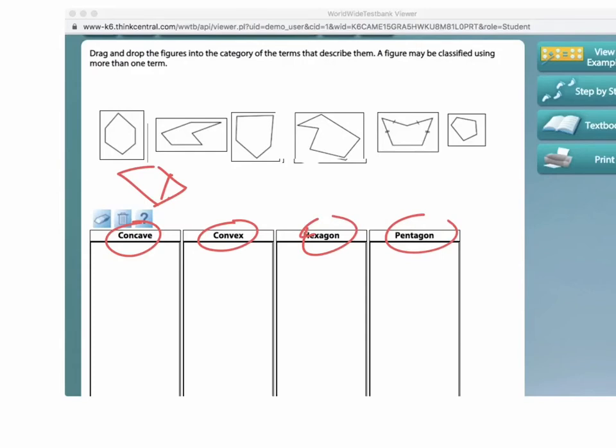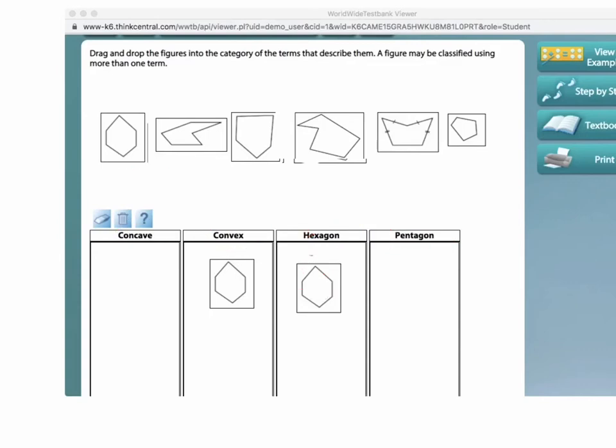So the first one, this is definitely a convex shape because it doesn't go inside. And if we count the sides, we count how many sides it has. 1, 2, 3, 4, 5, 6. So it's a 6-sided shape. So that shape would be a hexagon.